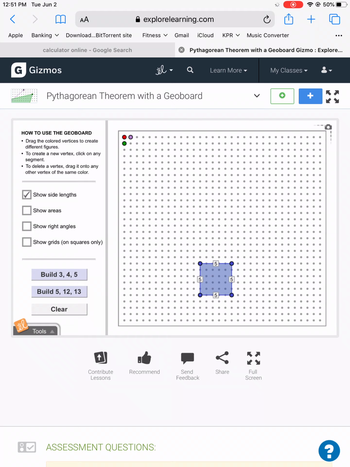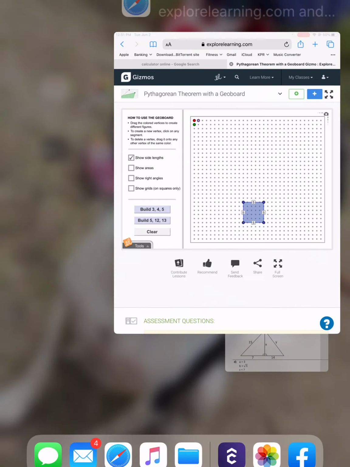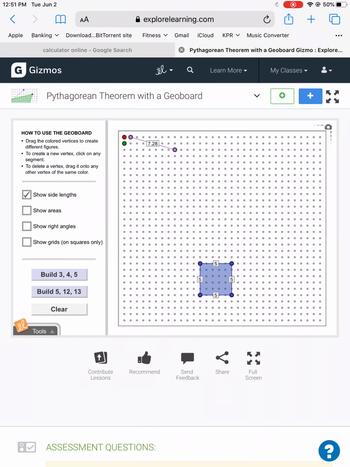Okay, there's my 1. Okay, let's go back up here. This is 13. Let's see if we can make this 13. So it's got to be on that line somewhere because it's a right angle triangle. Oh, there we go again. Aha!